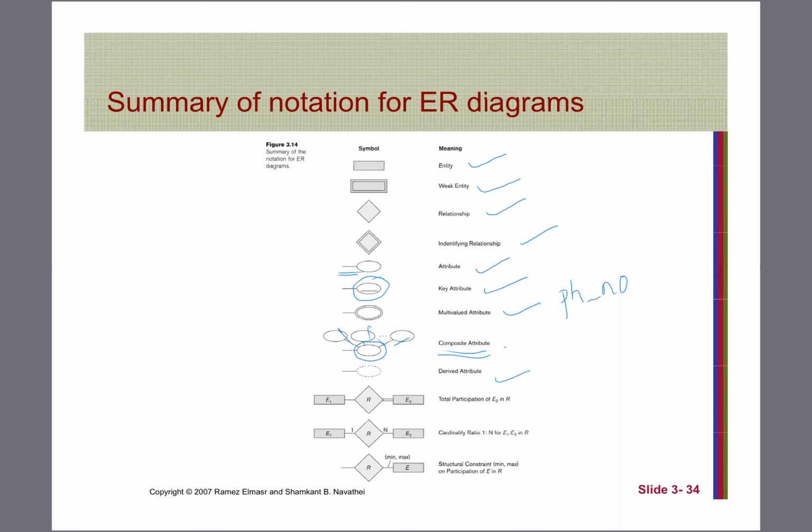Then you have total participation. So you have single line and double line here. So that is total participation and the zero participation. And then you have cardinality ratios. So we have been talking about how we would represent the cardinality ratio over the connectivity that you're showing in the relationship. You just write 1:1 or 1:n.